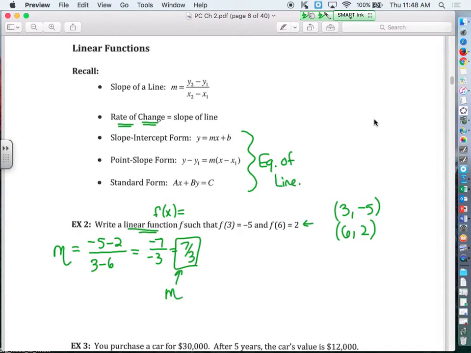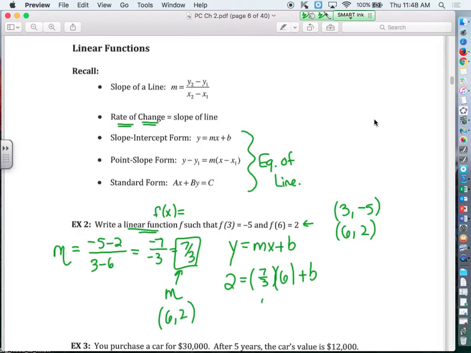So that's my slope. Then I'm going to pick one of these 2 points to work with. It seems most of you like this form: you can use y equals mx plus b. I'll pick the point (6, 2) since both of those values are positive. I'm going to plug in for x and for y the coordinates of the point, and for my m, my slope, I'll plug in my slope value.